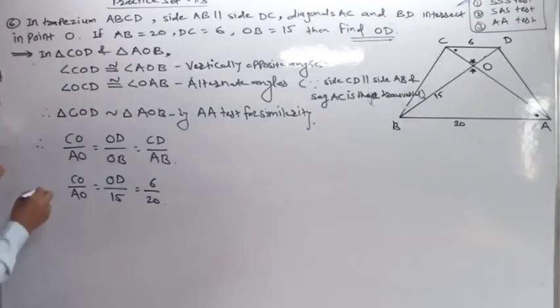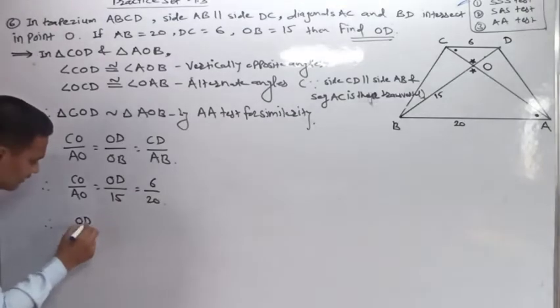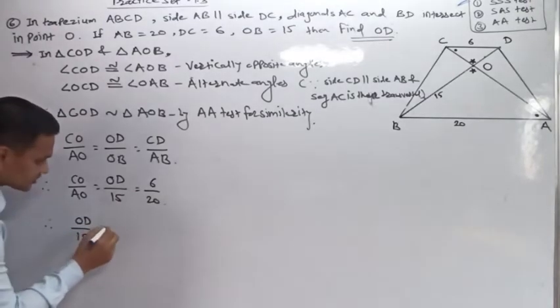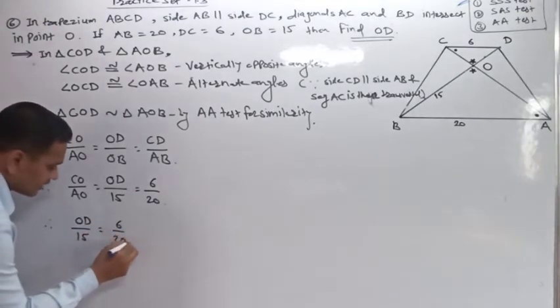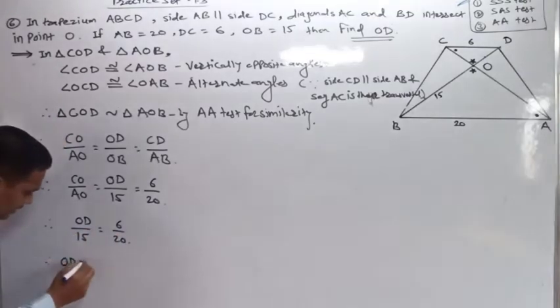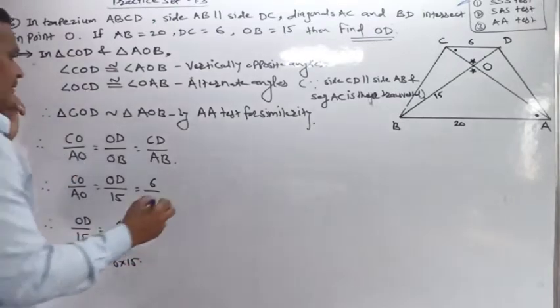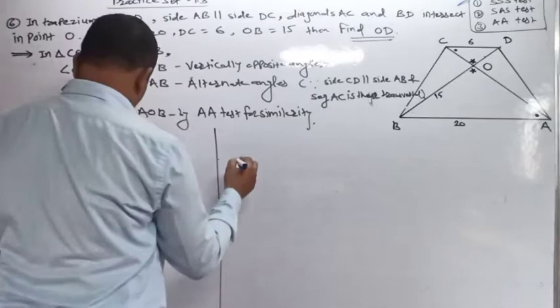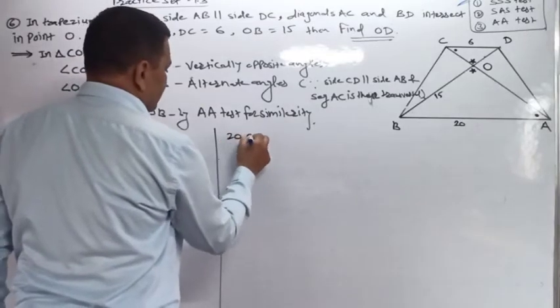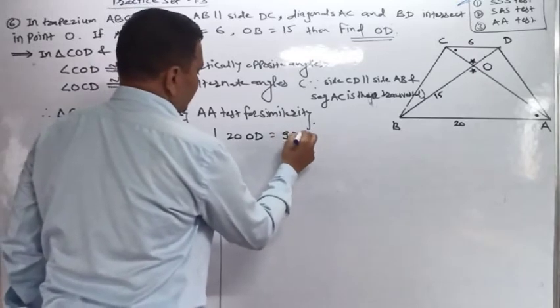Now delete the first ratio. We get OD divided by 15 is equal to 6 divided by 20. By cross multiplication, we get OD into 20 is equal to 6 into 15, that is 90.